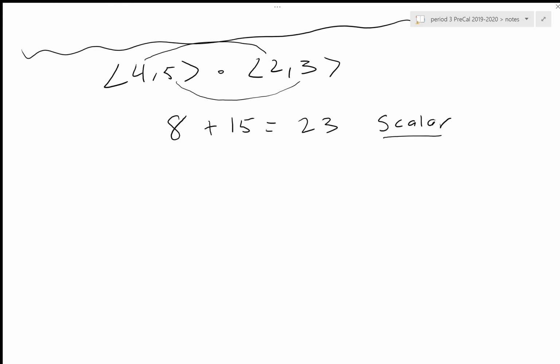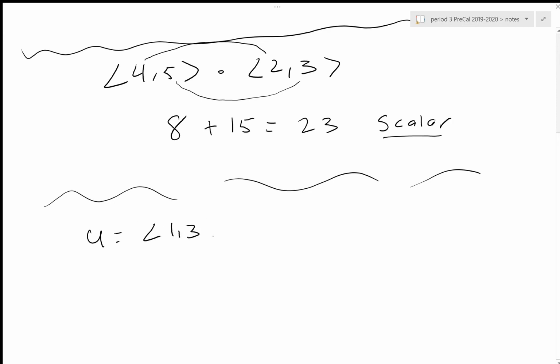All right. So now let's say they give you something like this. Let's say u is the vector 1, 3. V is the vector 2, -4. And we'll go with w equals the vector 1, -2.